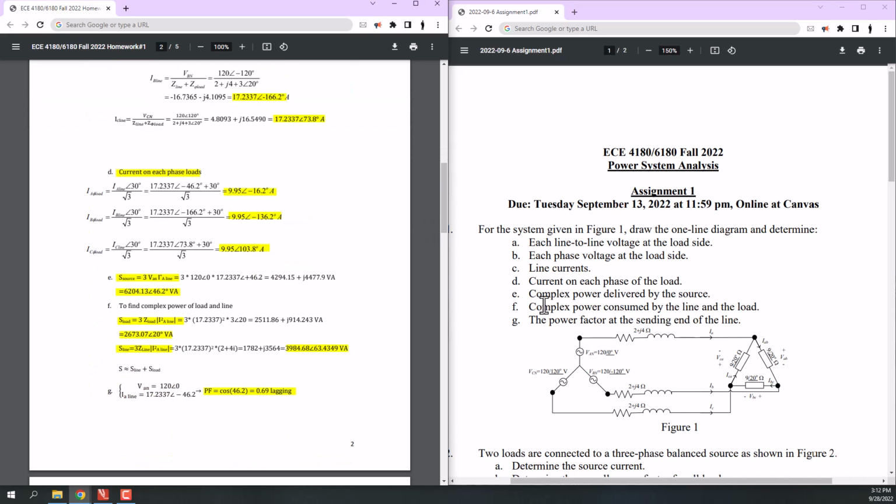And in the next part, you're asked to calculate complex power delivered by the source. For this sake, we can easily find the complex power using the formula that we know for the single phase, which was VI conjugate, but since it is a three-phase voltage, it should be 3 times VI conjugate.